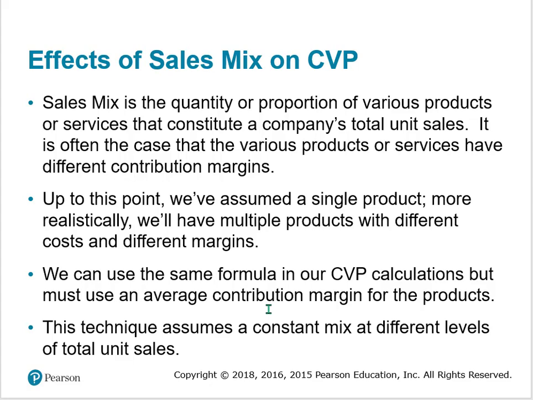So this is one of those assumptions: we assume that the ratio of products stays the same. In other words, contribution margin is determined based on a specific relationship of sales of product 1 to total sales, product 2, etc. If that relationship of sales changes, then our average will change also. So what we're really doing here is assuming a constant mix.